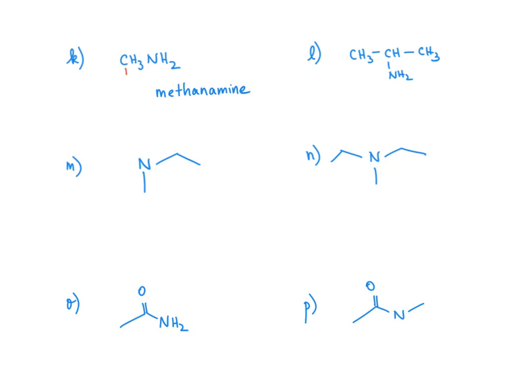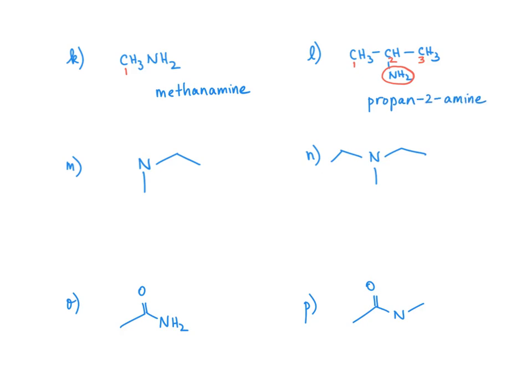Then I look at L, and I see, okay, longest continuous carbon chain, 1, 2, 3, that puts the amine or amino functional group off of carbon 2. P stands for prop. Instead of propane, I drop the E, and now I can indicate where that functional group is.